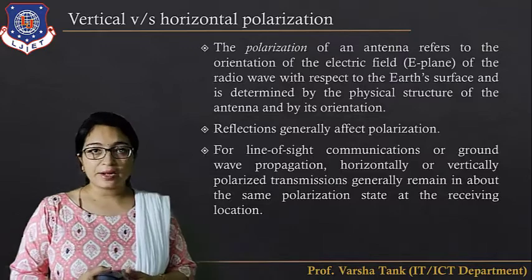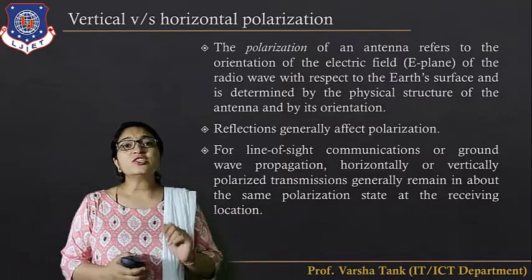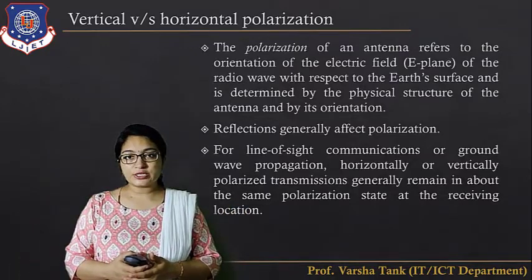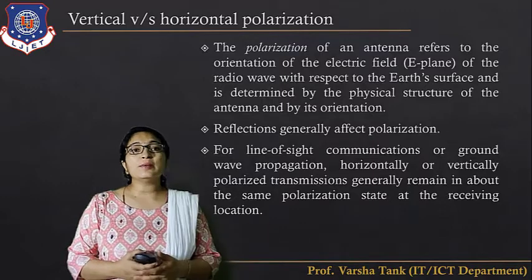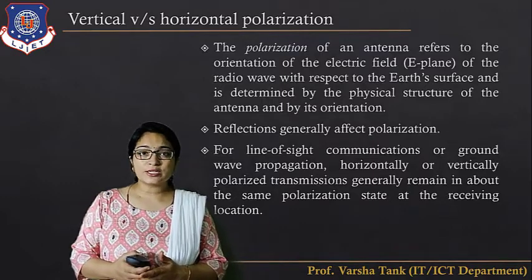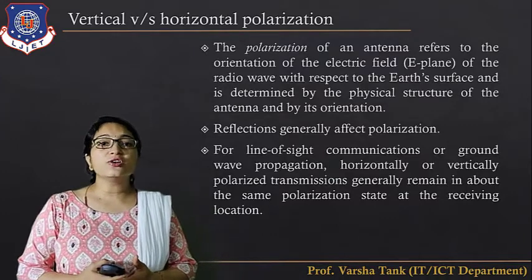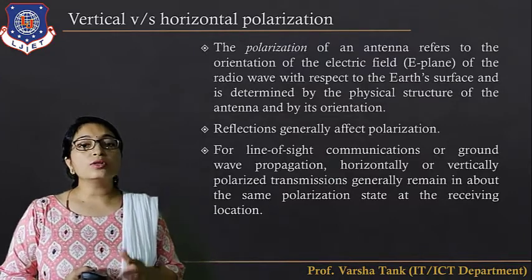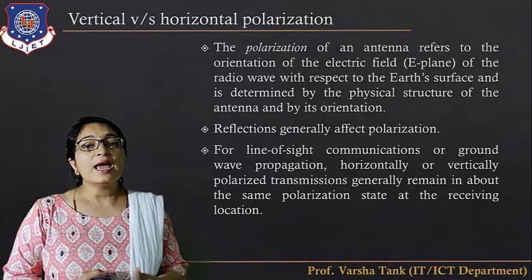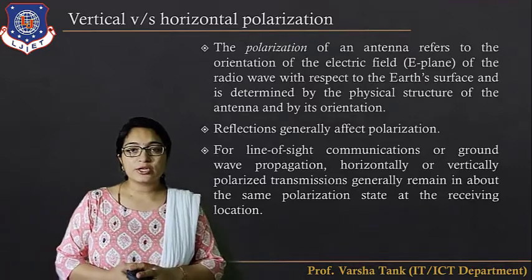Reflection generally affects the polarization. For line of sight communication or ground wave propagation, horizontally or vertically polarized transmission generally remains in about the same polarization state at the receiving location.